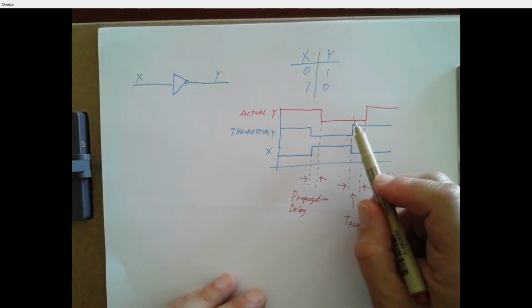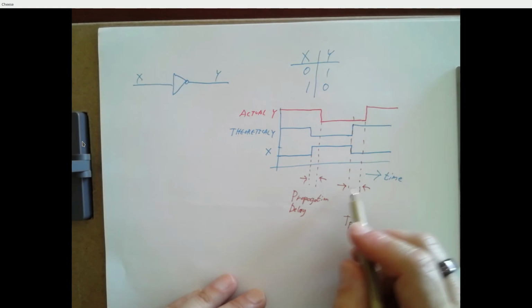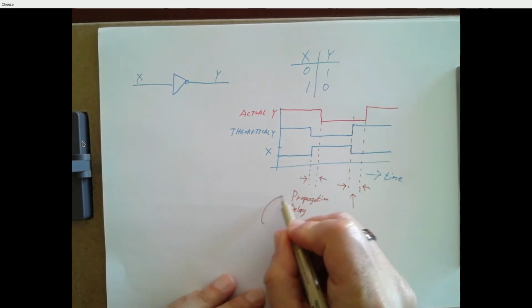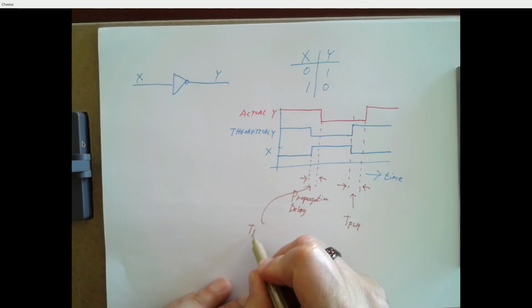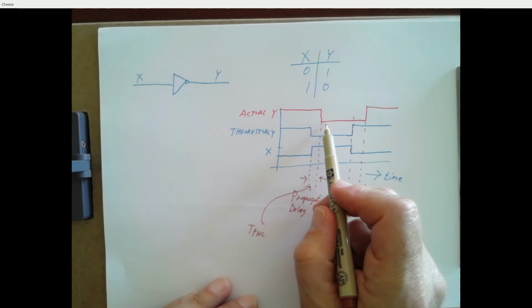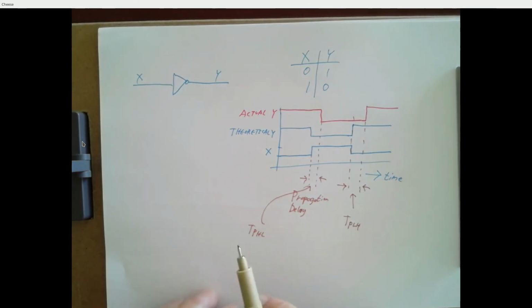So the output's changing from a 0 to a 1, however much time it takes, that's what TPLH is. This propagation delay here, that's the time for the output to go from a high value to a low value. So that's TPHL.